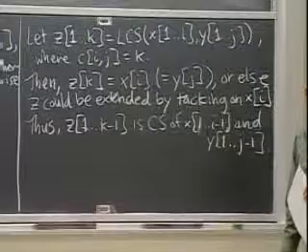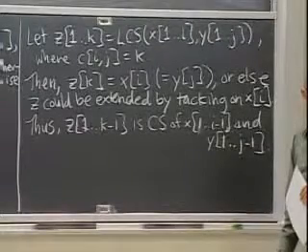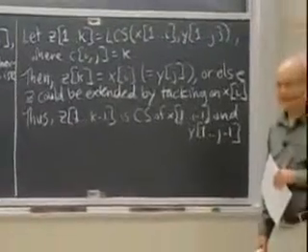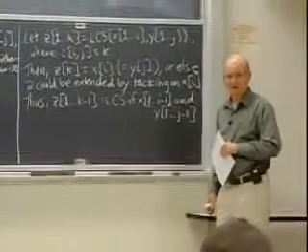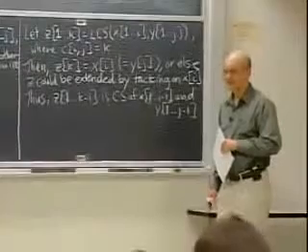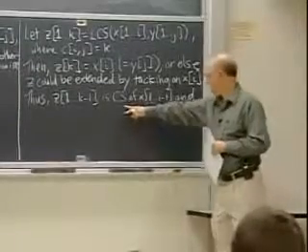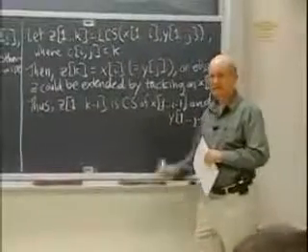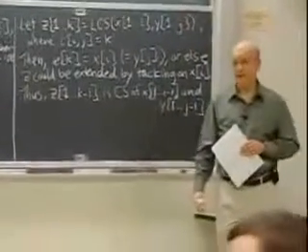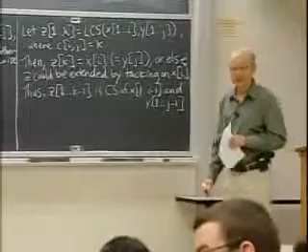Now, what do you also suspect about z of 1 to k minus 1? It's a common sequence of these two. Yeah, it's a longest common sequence.